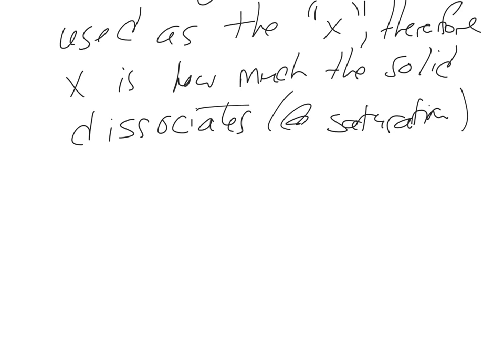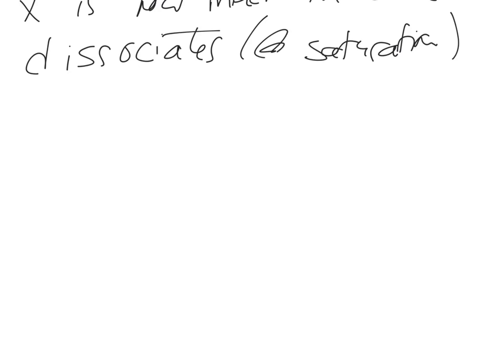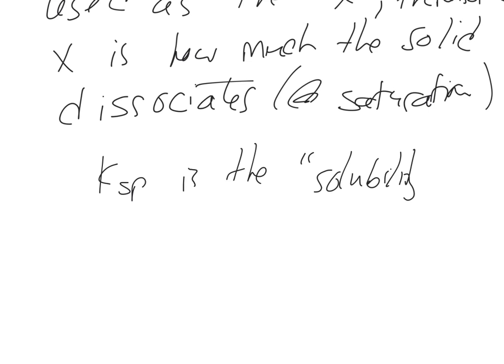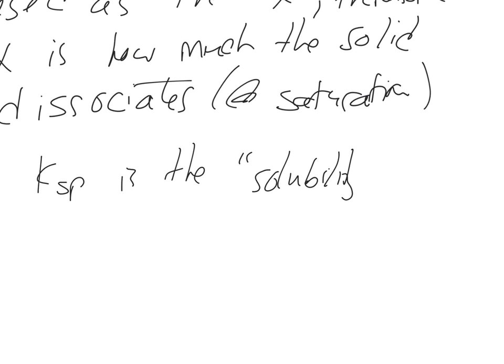So it's called Ksp, and you definitely don't want a large Ksp, but this one's got a new name too. It's all the same stuff, but they gave them new names for some reason. It's called the solubility product.